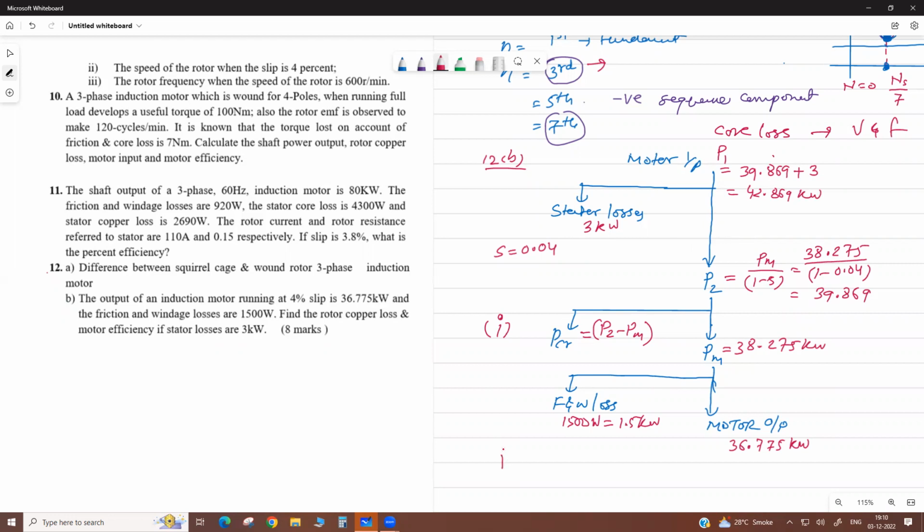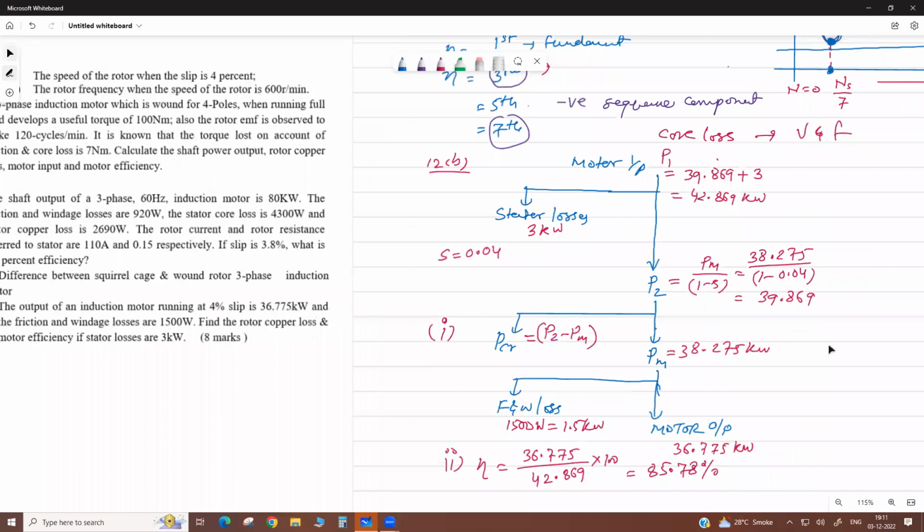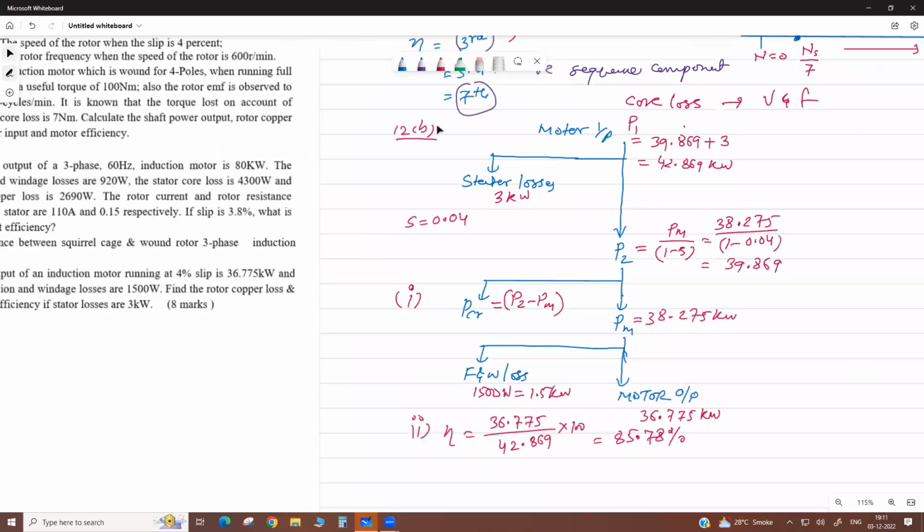Now motor efficiency: output is 36.775, input is 42.869, into 100, gives 85.78%.